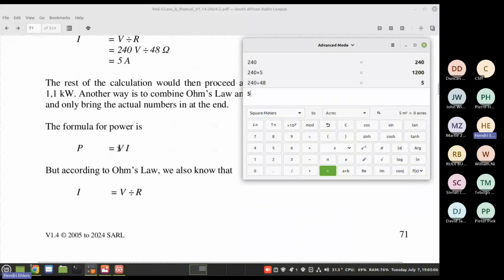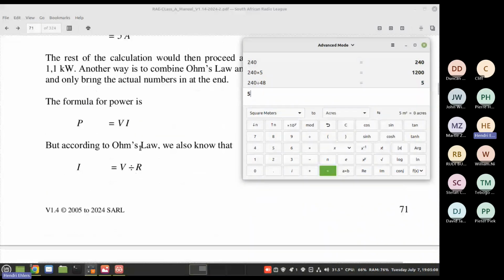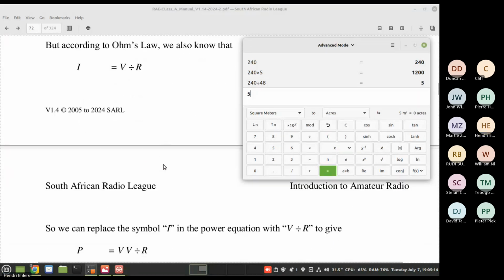Okay, P equals V times I, that we know now. I equals V divided by R, that we also know.